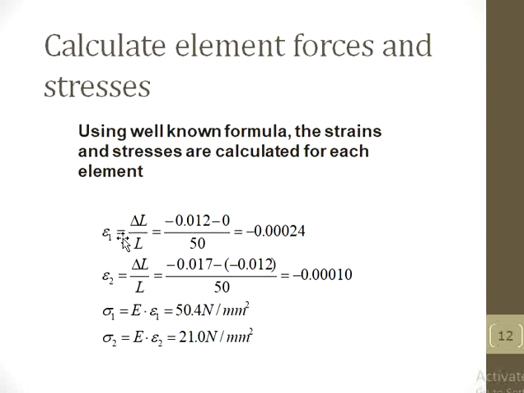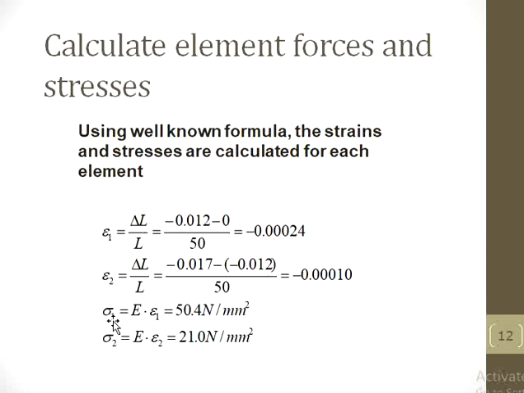So simply, strain is change in length upon original length. We know x2, that is the displacement in node 2, and 1 upon 50; the displacement of node 3 and node 2, the difference between them, is nothing but our displacement for element 2, over the original length of element 2, and we will get strain 1 and strain 2, meaning strain in element 1 and strain in element 2.